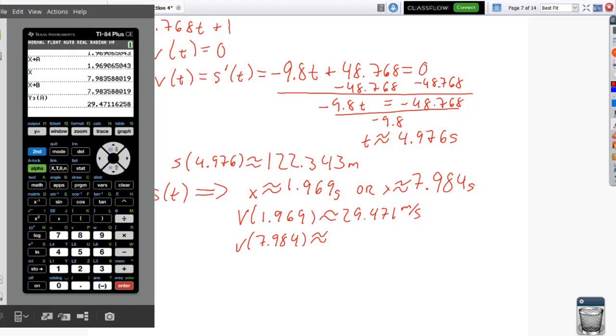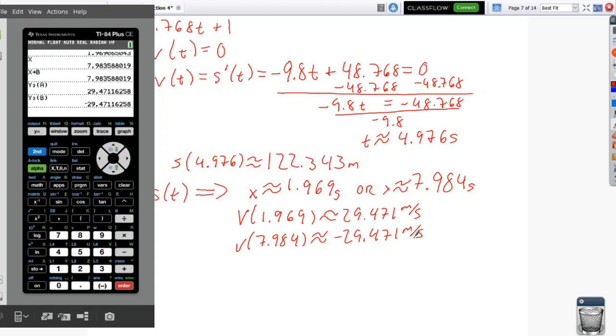Second, enter, and just overwrite this with B. Negative 29.471 meters per second. So now I'm going to point out that I'm kind of playing a trick on you.